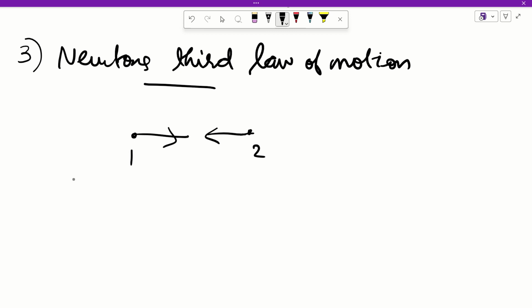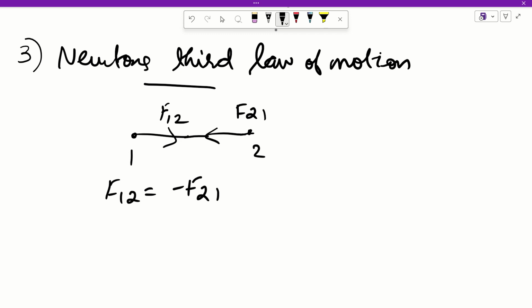In force one I gave an action, and I got a reaction from force two. This is F12, and this will be F21. Generally speaking, F12 is equal to minus F21. That is, for every action, there's an equal and opposite reaction.